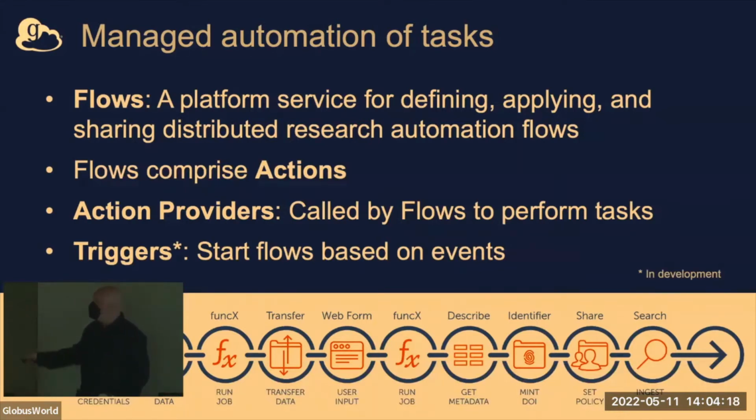We actually have versions of this out there, but it's nowhere near ready for production. But certainly in some of the work we've done with some of the large light sources, we've automated the entire spectrum of activities, right from when the data comes off a beamline to the point where it's actually put into an index with metadata and everything. And so there are some triggers out there already.